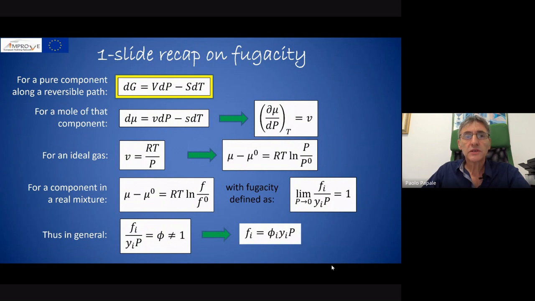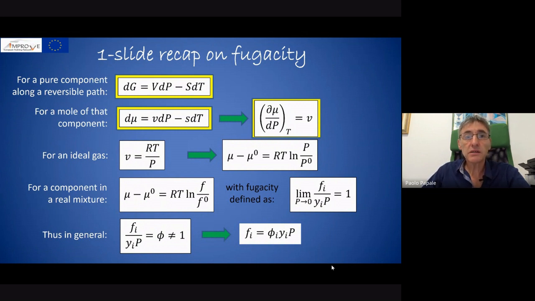We showed that the chemical potential mu is nothing else than the molar Gibbs energy for a pure component, or the partial molar Gibbs energy for a component in a mixture. From that expression, the pressure partial derivative of the chemical potential turns out to be the molar volume.